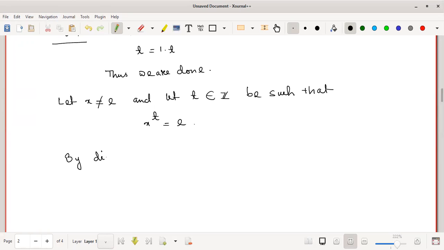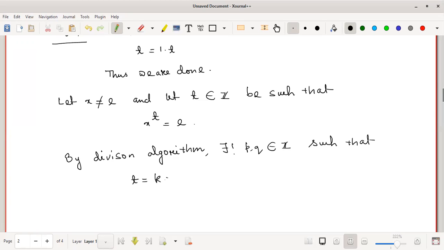By the division algorithm, there exist unique p and q such that t equals kq plus p, where 0 is less than or equal to p, strictly less than k.